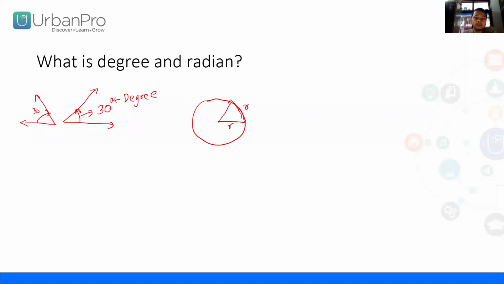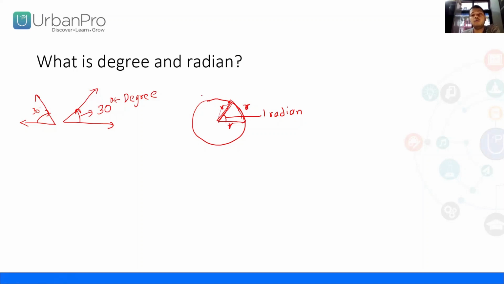Then again I join these 2 points, this is also r. Now all these lengths are the same. The angle between these two is known as 1 radian. Okay, is it clear? So the angle between these two is 1 radian.